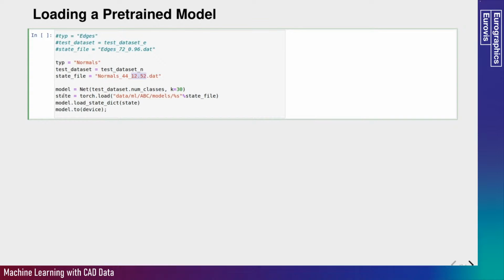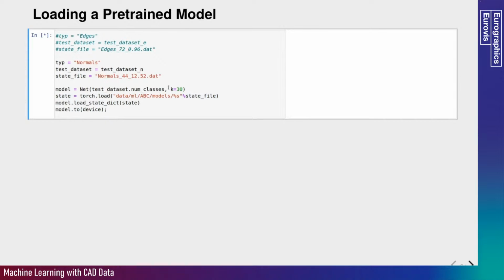We do it similar now again. We just load the state file, which contains all the parameters that we trained so far, and we load this into our model, and we load the model to the device.